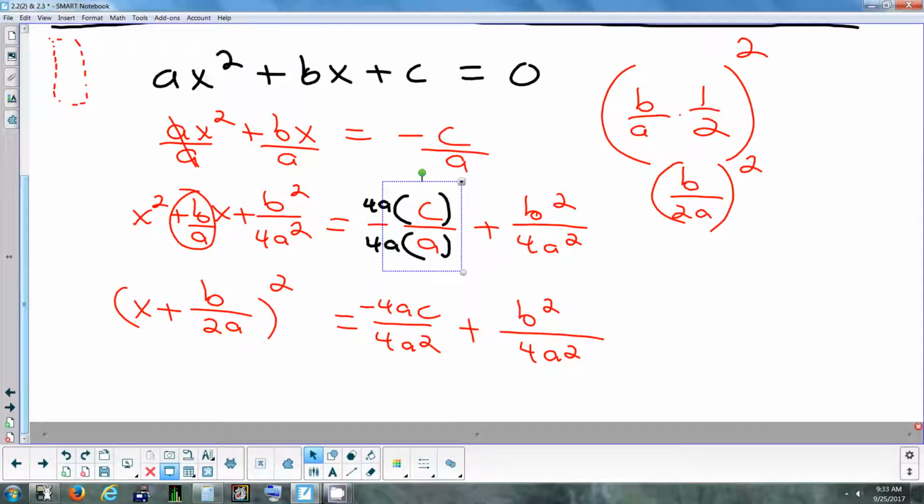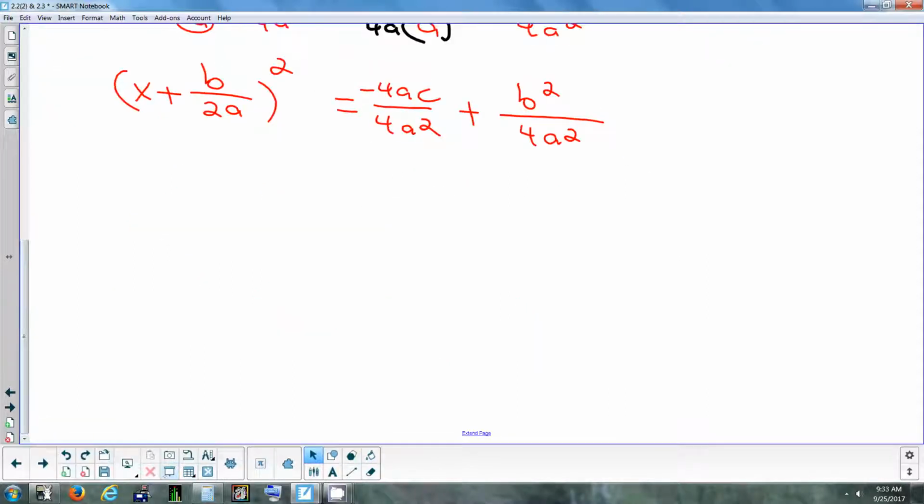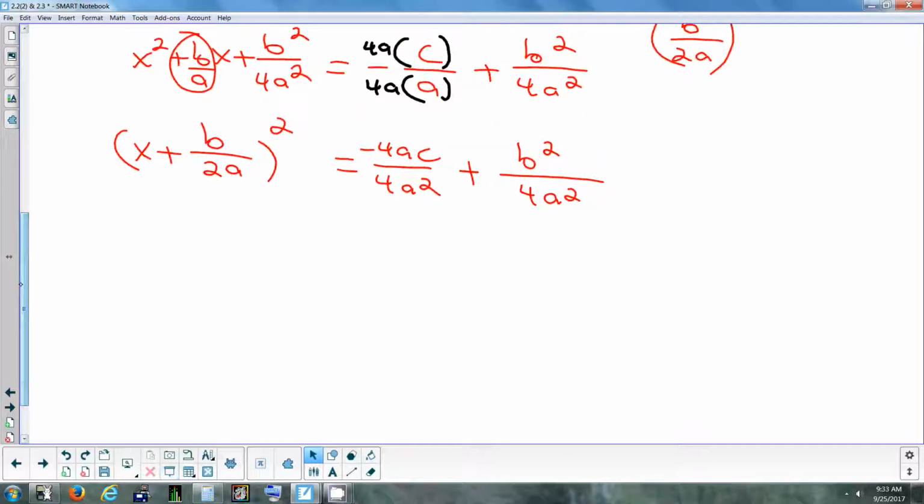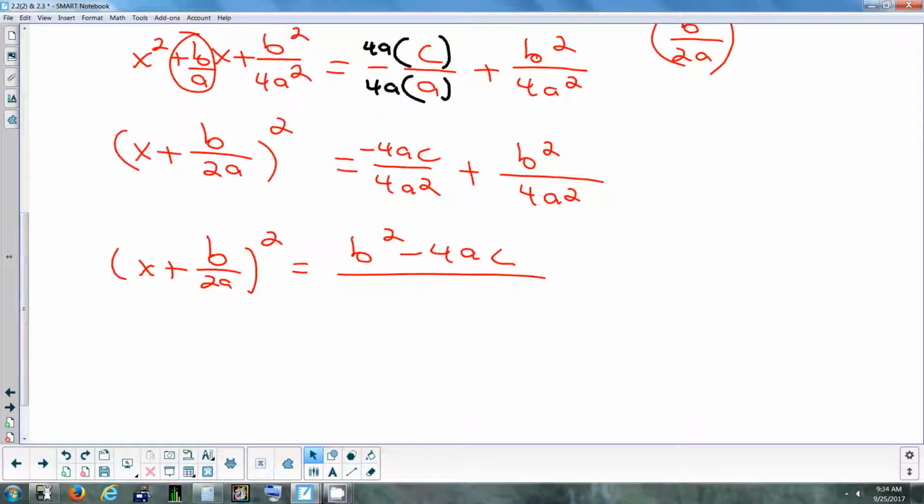Any questions on that part? Anybody starting to see a little bit of the quadratic formula? Some of it? I'm going to keep this the same, but instead of writing it as negative 4ac plus b squared, I'm going to write it as b squared minus 4ac. It's the same thing, all over 4a squared.